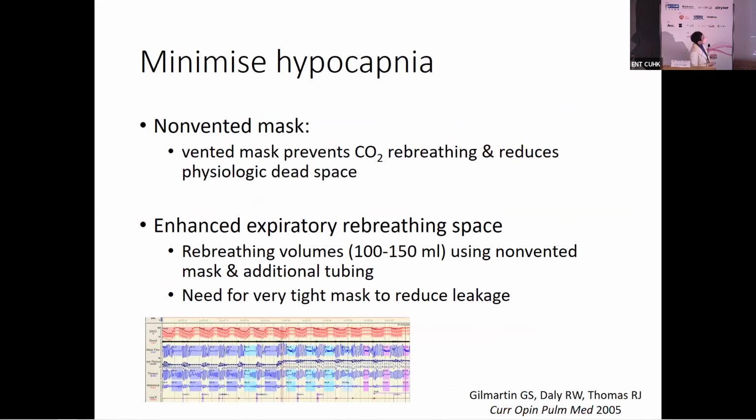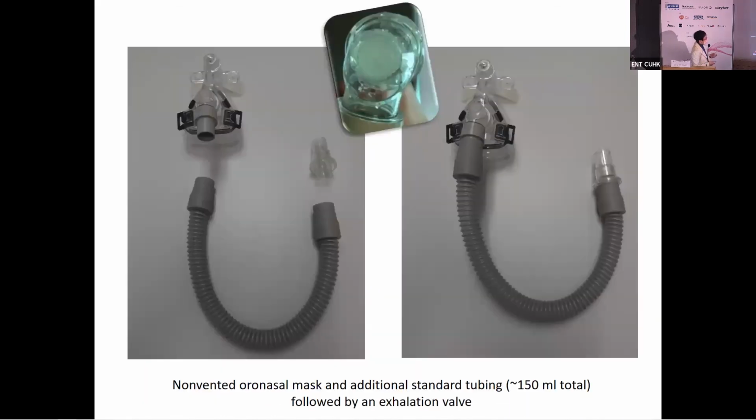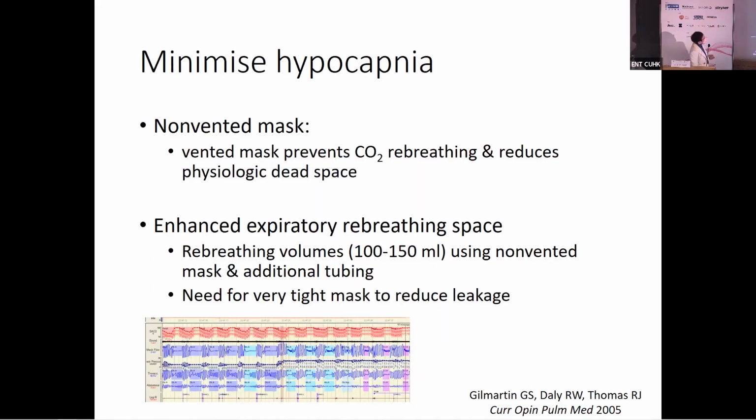So in my sleep lab, for patients we suspect have high loop gain, we try ways to minimize the hypocapnia by using a non-vented mask. Some masks have an inbuilt exhalation port, right? Exhalation valve.